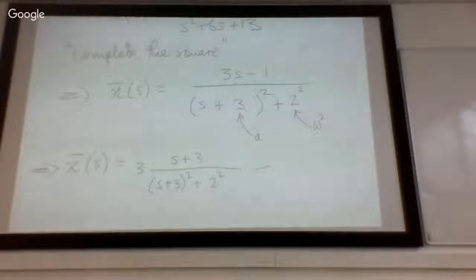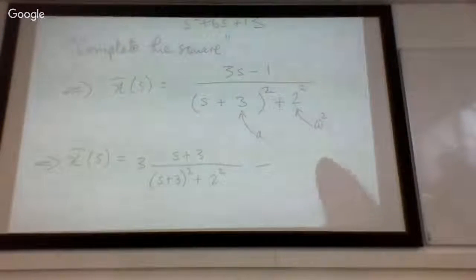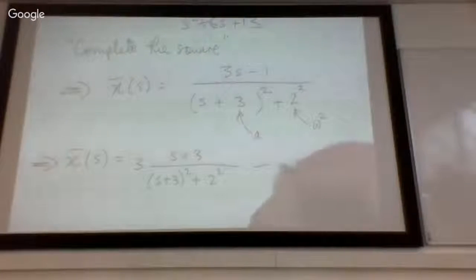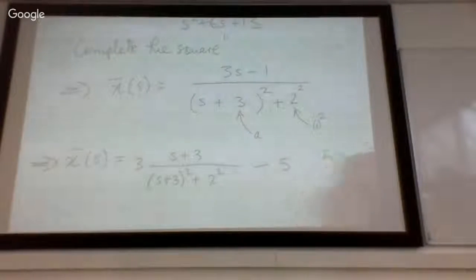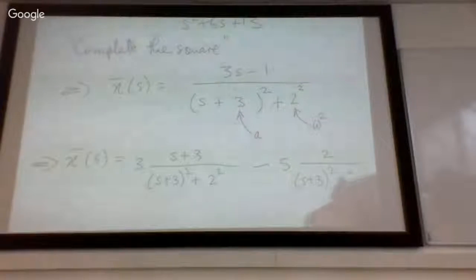But when you look to the table, when you have a constant over that irreducible quadratic, it's always the constant omega. So I need a minus 10 here, but omega is 2. So I'm going to express that as minus 5 times 2 over s plus 3 all of it squared plus 2 squared.